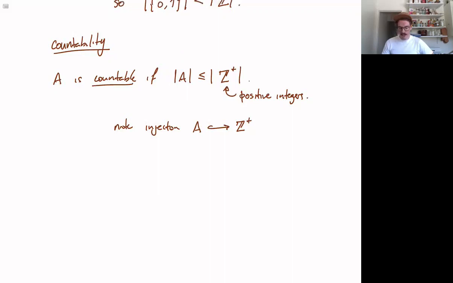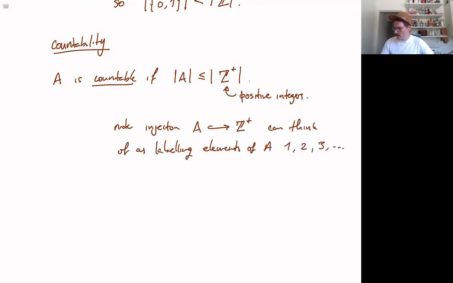If you have an injection like this, you can think of it as labeling the elements of A by the positive integers, which is essentially counting them. So this is why it's called countable.